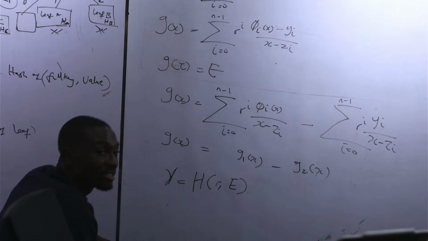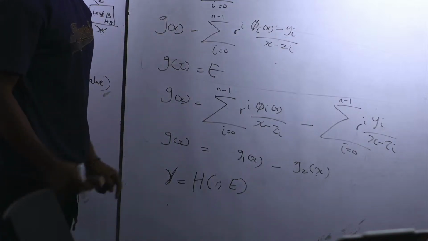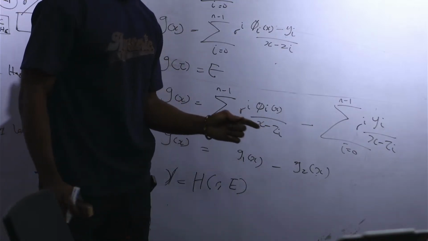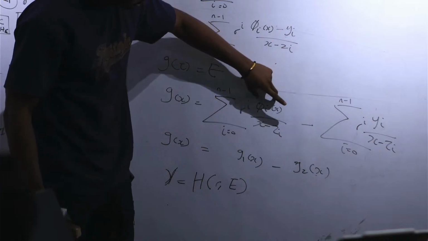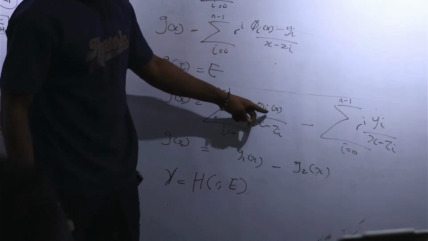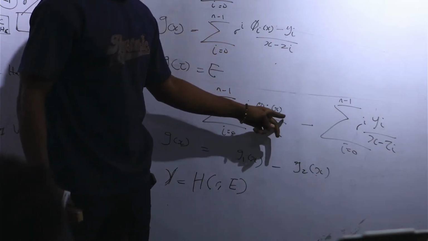Remember, KZG is additively homomorphic, so you can add commitments. If we want to get the commitment to this section, we can just add all the commitments to all these polynomials.